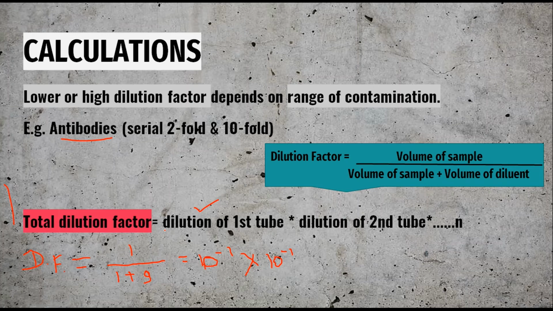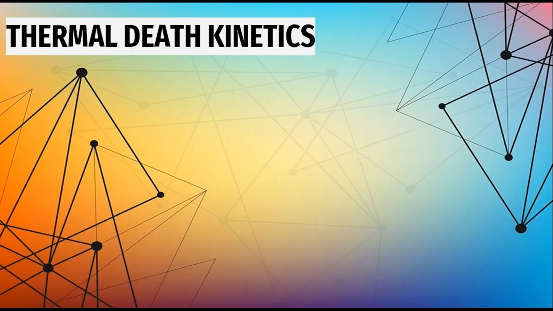So next we are moving ahead to a very important topic, which is thermal death kinetics. You all have heard about this. We know that, let me write minus dN.